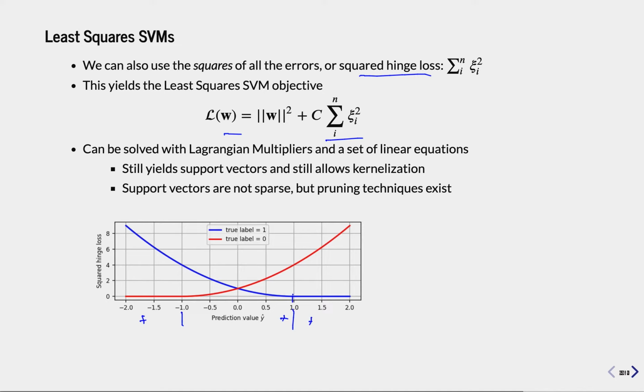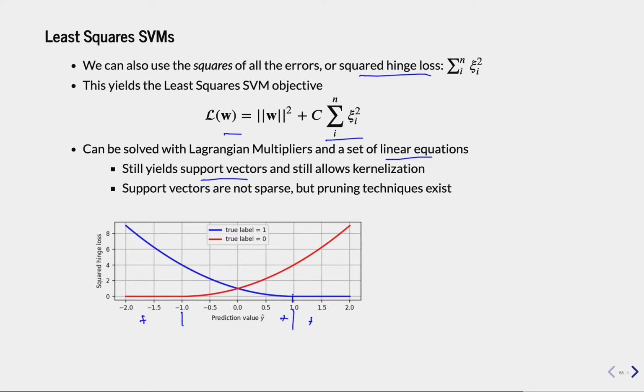So this can also be solved with Lagrangian multipliers. It's not quadratic programming. It's a set of linear equations this time, but it still can be solved analytically. This still yields support vectors, but while in the normal SVM, we get a sparse solution, so we only get a few support vectors with non-zero dual coefficients.